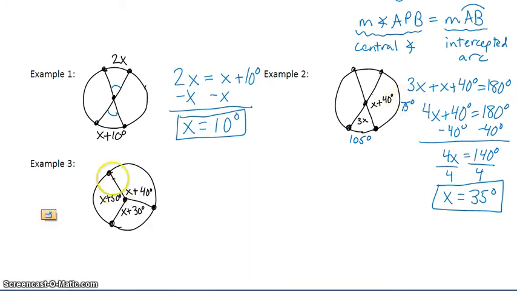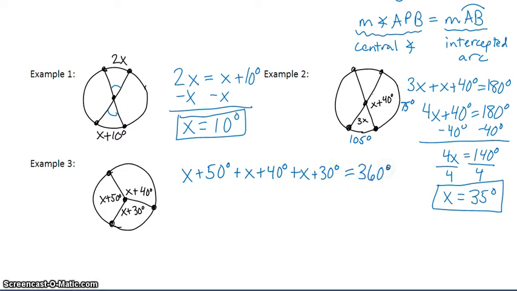In our third example, we have 3 central angles. And in this case, all 3 central angles add to a full circle, 360 degrees. So the equation that I set up is x plus 50 plus x plus 40 plus x plus 30, and I set that equal to 360 degrees, a full circle. Combine like terms.